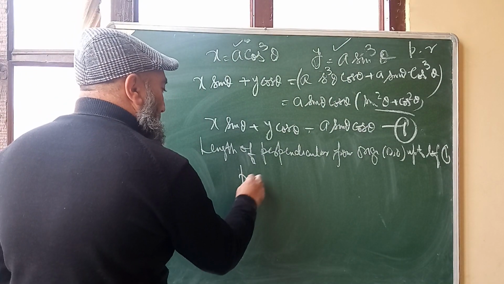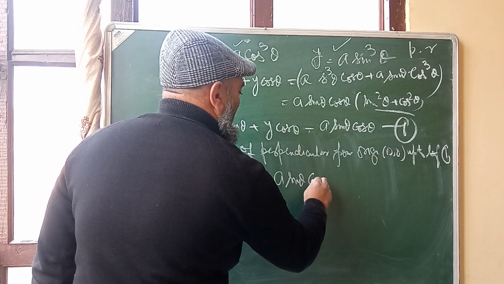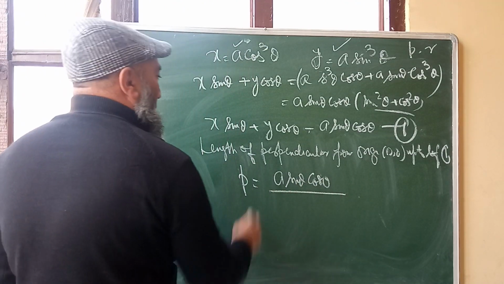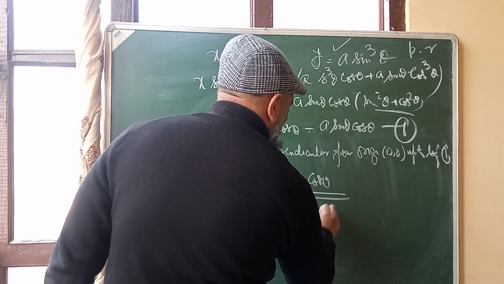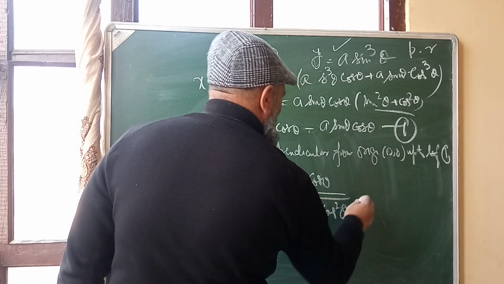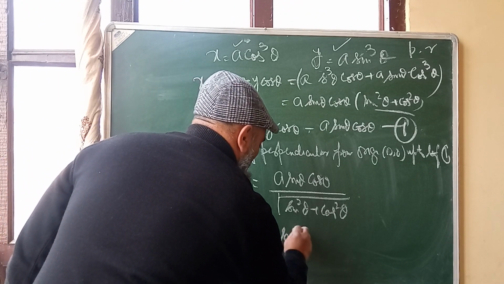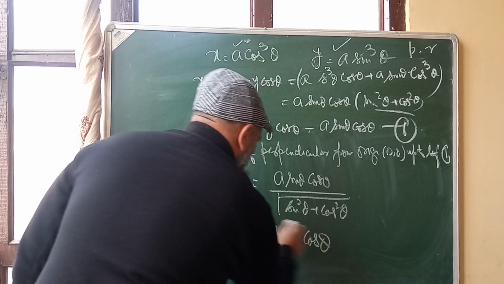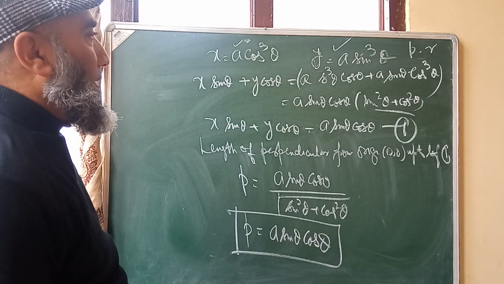Is P equal a sin theta cos theta divided by under root of sin square theta plus cos square theta. So your P is a sin theta cos theta. This is P. Fine.